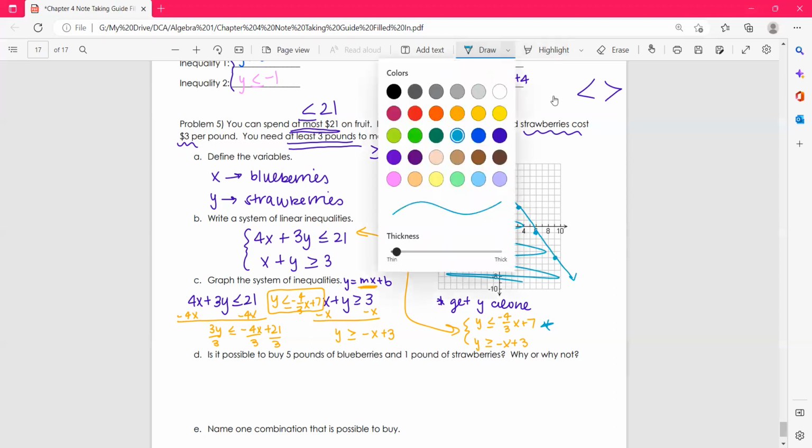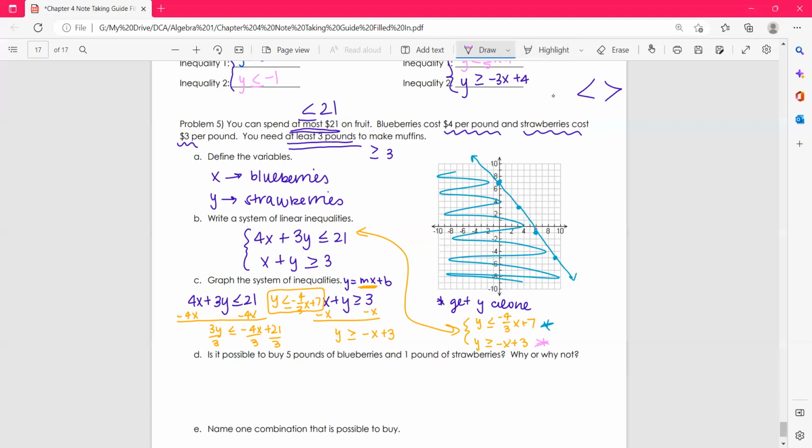Now let's do the other one here. I have a y-intercept of 3 and a slope of negative 1. So I'm going to go up 1 over 1, and down 1 over 1, down 1 over 1.